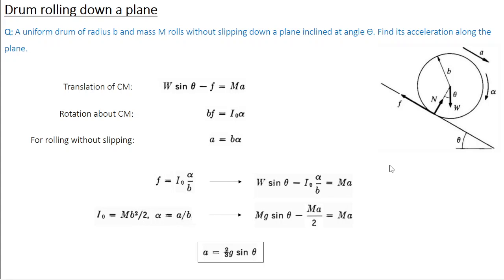Put all this back into the first equation, and it becomes W sine theta minus ma by 2 equals ma, and weight W is nothing but mass m multiplied by acceleration due to gravity g. So mg sine theta minus ma by 2 equals ma. Simplify this, and you get a simple expression for linear acceleration: a equals 2 by 3 g sine theta. So that's for today. Thank you.